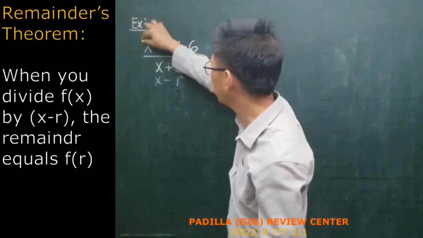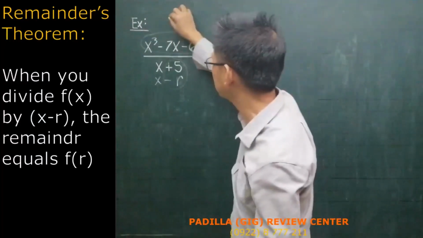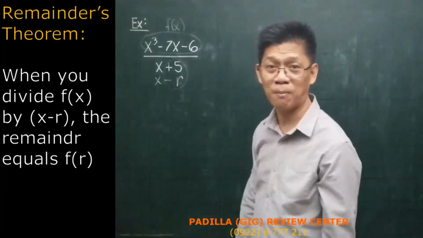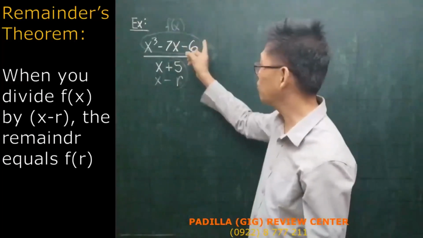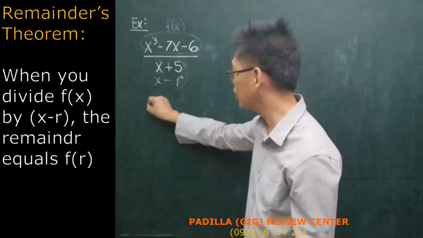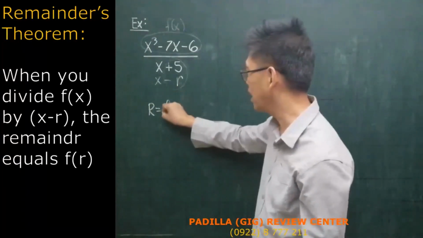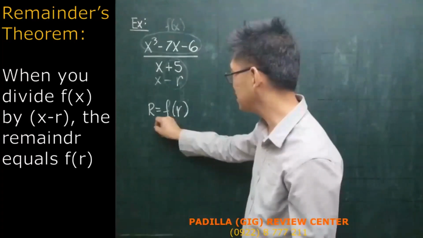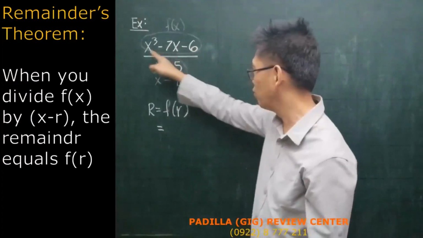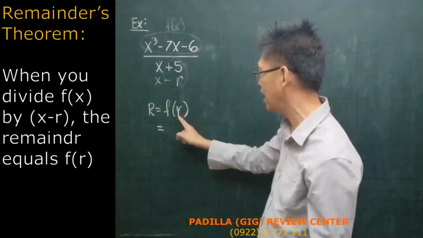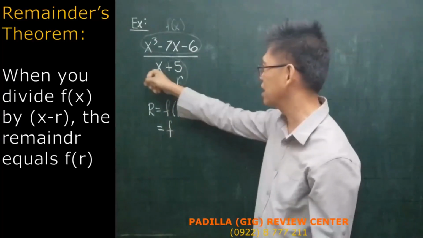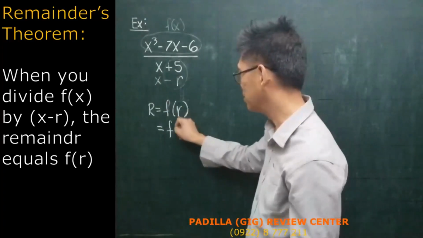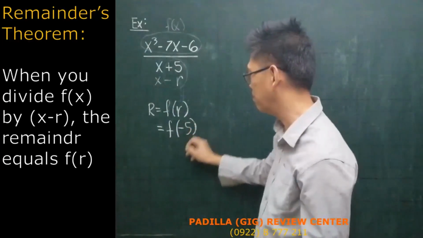And this is your f of x. Ang sinasabi ng remainders theorem, the remainder when you divide this by this equals f of r. Meaning, it is equal to f of x with all x's replaced by r. But what is your r in x plus 5? Minus 5. So this is f of minus 5.